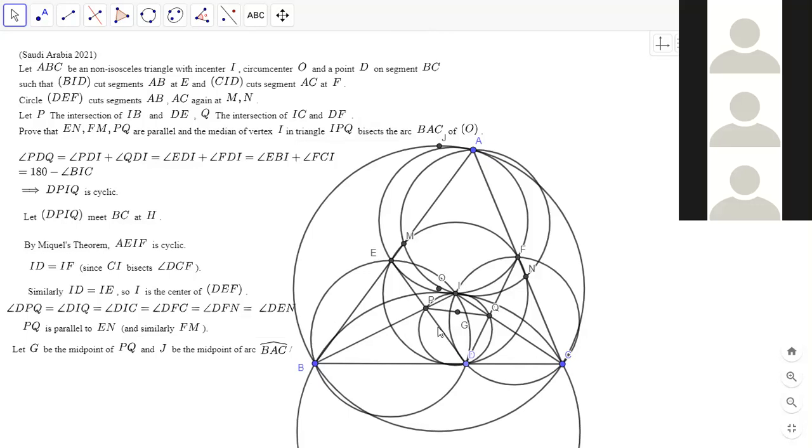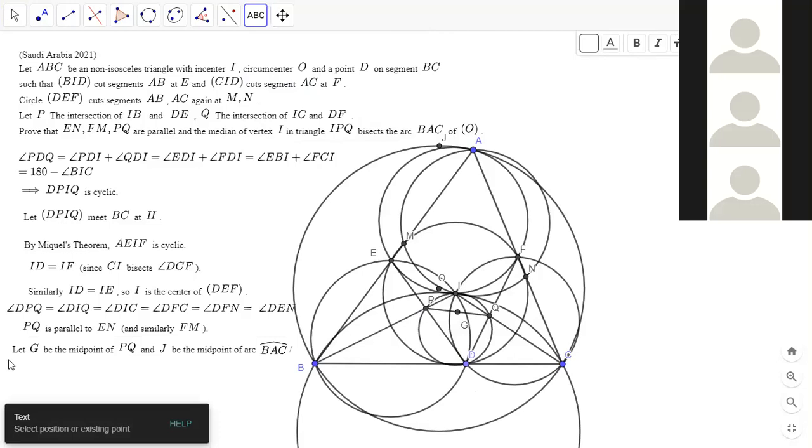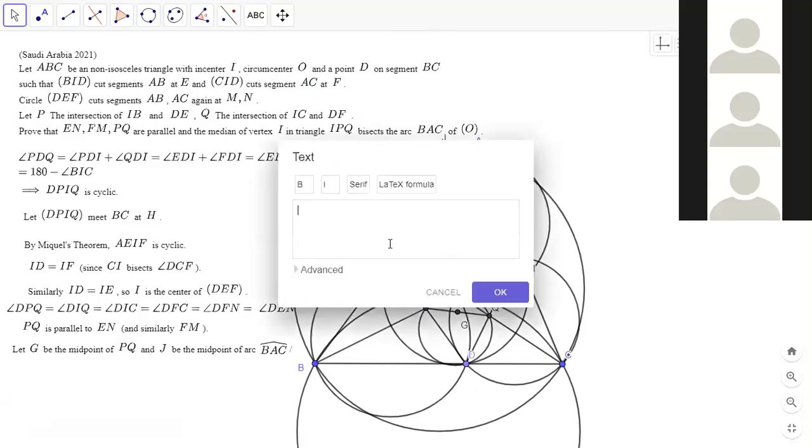We could find that using angles, because angle IPQ is IDQ, which is IDF. I'm just going to do the angle chase instead of the power of a point. So angle IPQ is angle IDQ, which is angle IDF.